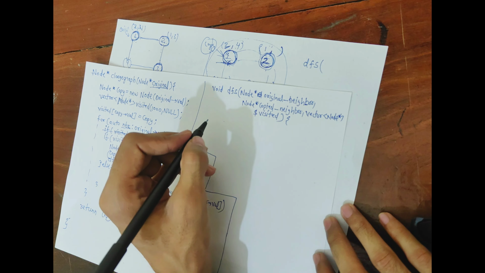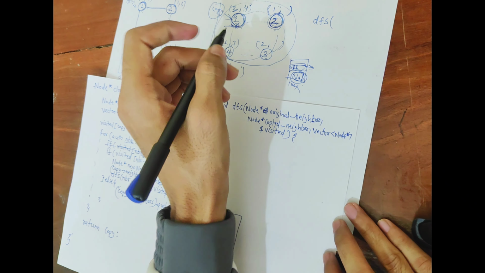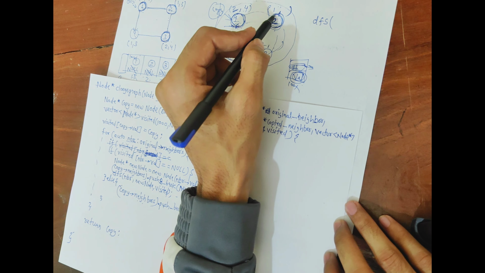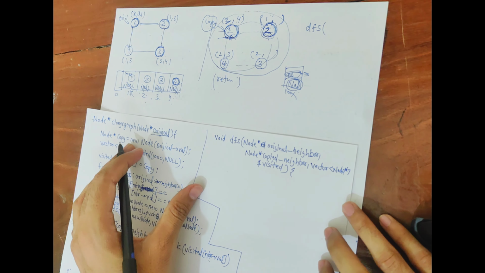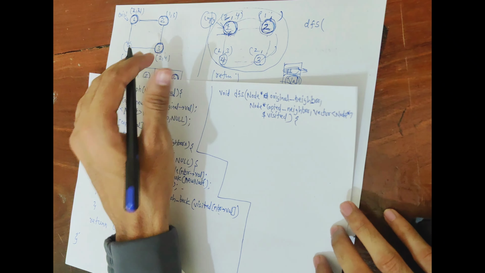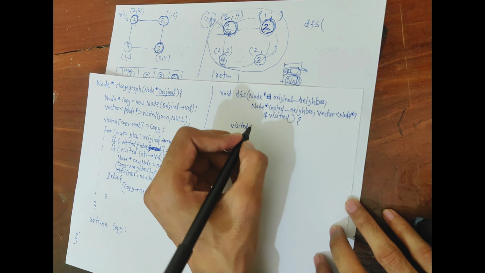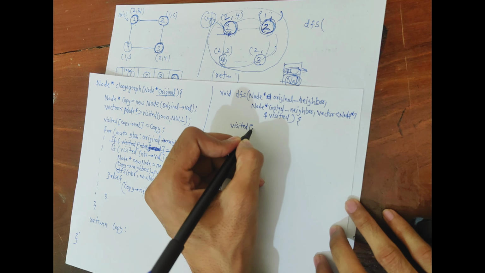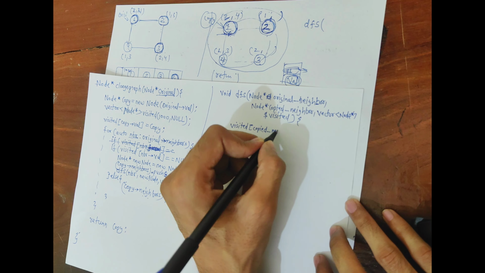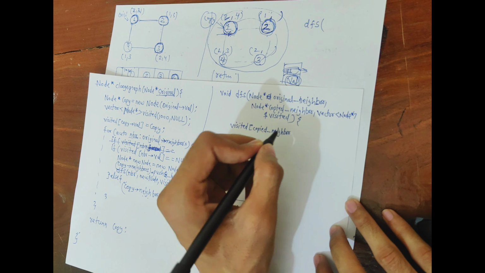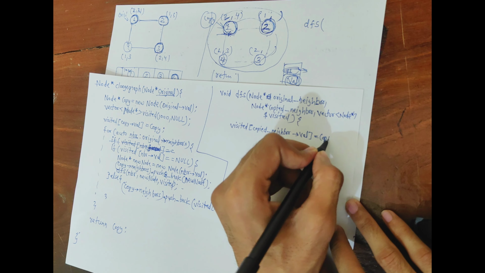Now I have to do my task. First of all, I told you that whenever you pass it, after creation you need to push this into the visited part. So I will push it: visited of copied neighbor value is copied.